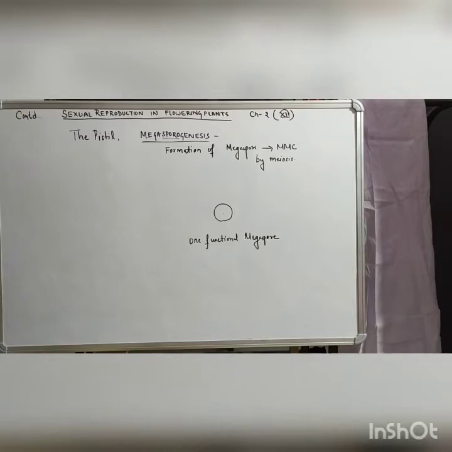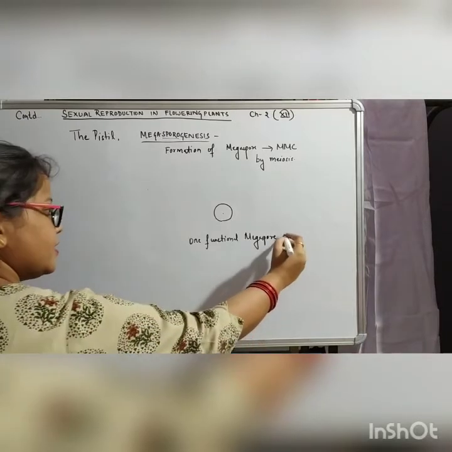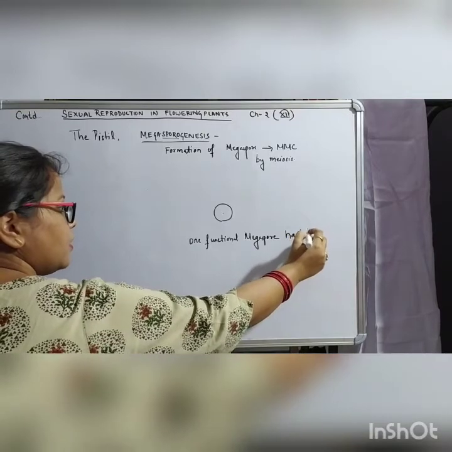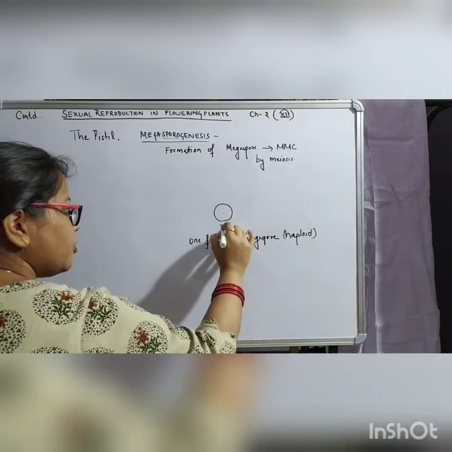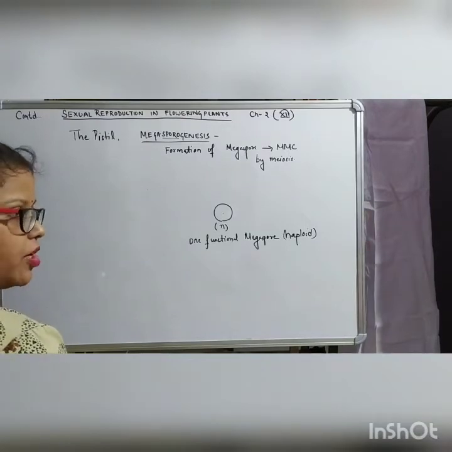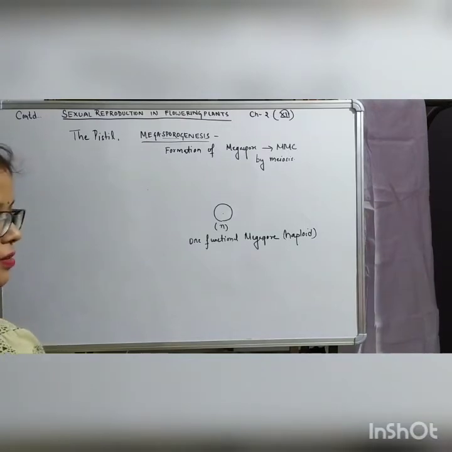Now we know that this functional megaspore is haploid in number. That means its ploidy is n. So since this is accounting for a somatic cell, it would now undergo mitotic divisions to increase its cell number.